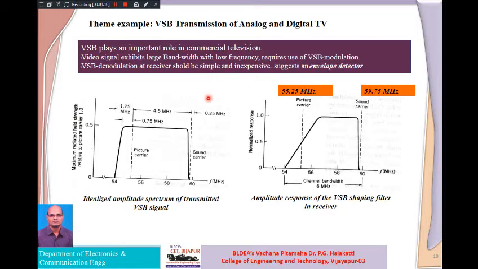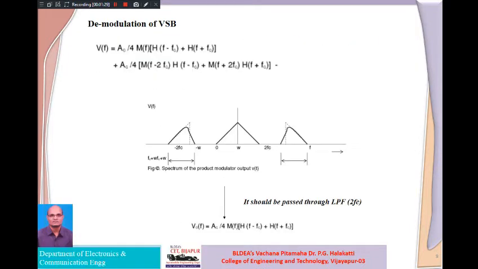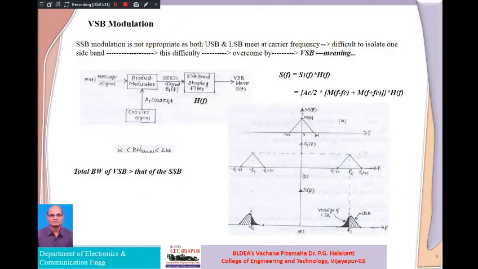So we have to somehow extend the bandwidth requirement for this VSB with the help of our extension of SSB. That's why in the last class we have seen the vestigial sideband modulation.